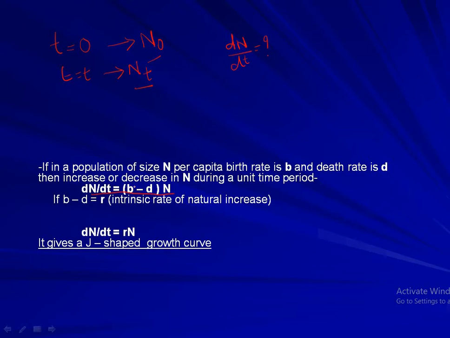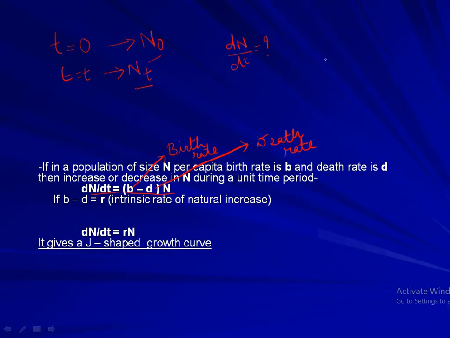where b is the birth rate, d is the death rate. Since here the population is increasing very fast, that means the number of births is more than the number of deaths.